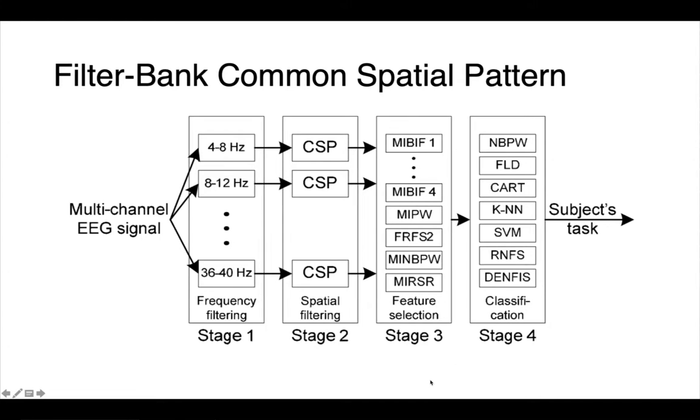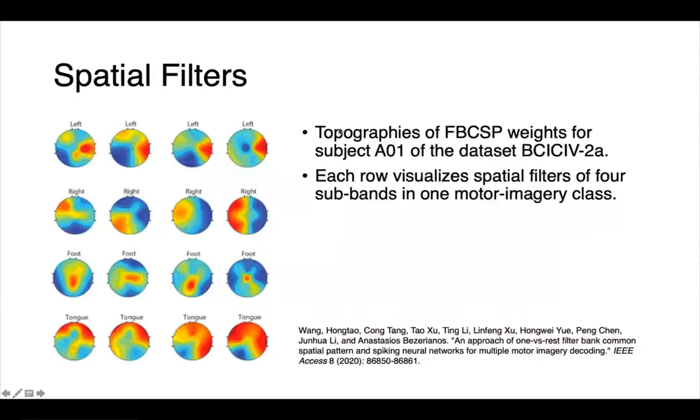So this is a state of the art at the time, and we're very interested in the spatial pattern and temporal pattern of EEG. So we can actually observe the spatial pattern gained by CSP.